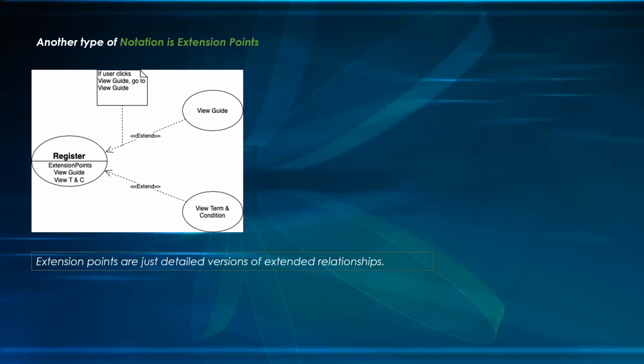So that makes it an extension point. You remember when we did the extend relationship? You don't have to click. But in an extension point, you click to get to the other use case, which is to view guide or to view terms and condition.